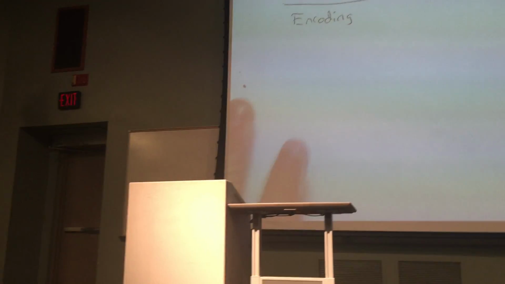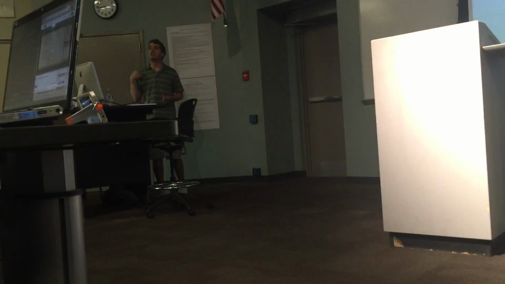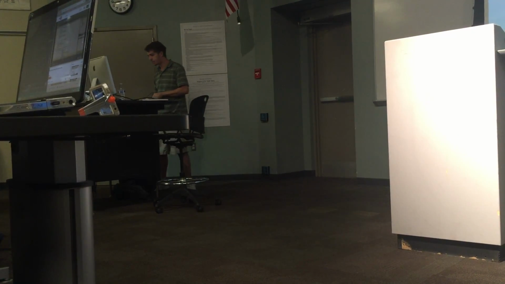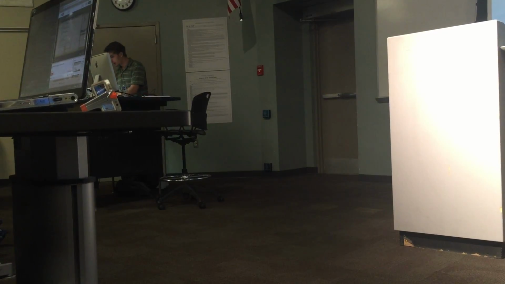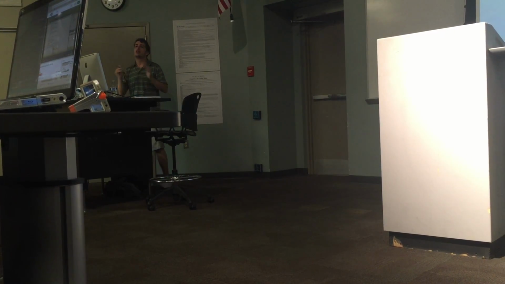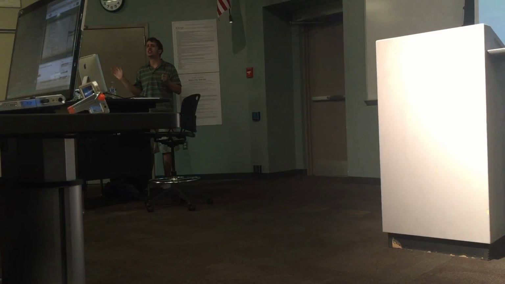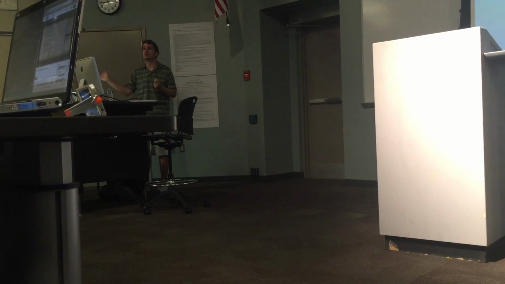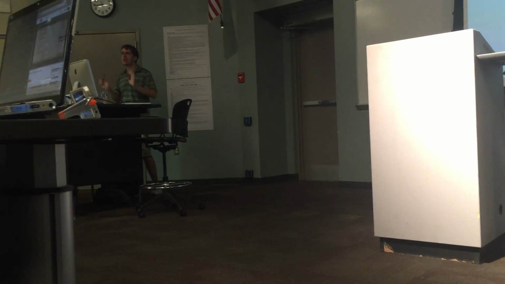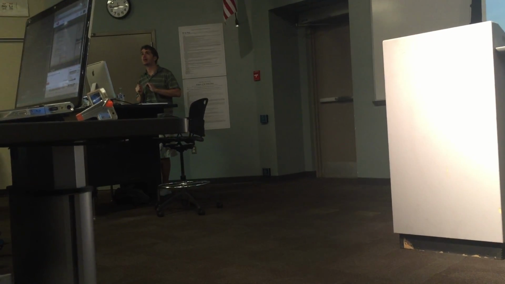So an encoding is essentially just a way of presenting a machine to a Turing machine. And so what we're going to do is we're just going to agree on some way of encoding a machine to a Turing machine. There are many ways of encoding a DFA to a Turing machine.